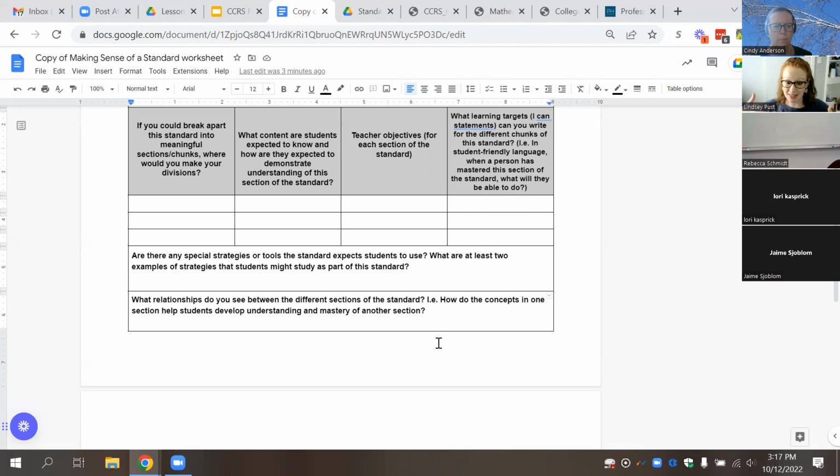Some comments in the assignments said, if I'm studying these relationships and patterns and properties of operations, then that's actually going to help me memorize my facts. I don't have to just memorize them cold. I can apply relationships and strategies I've been working with to help me remember those facts. So just thinking about how these fit together.